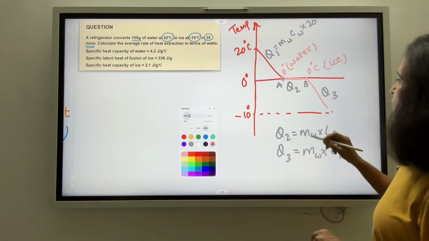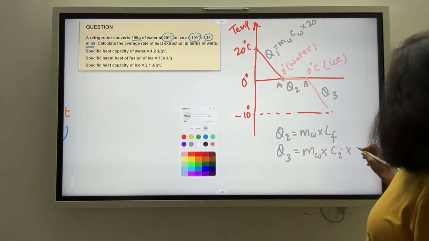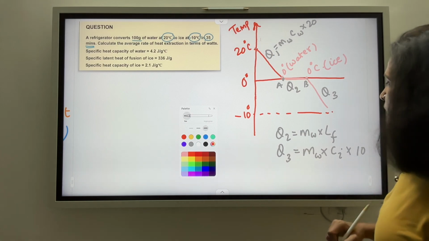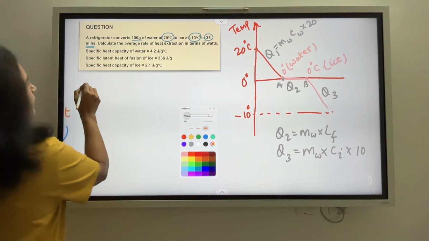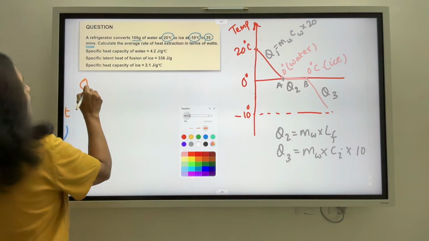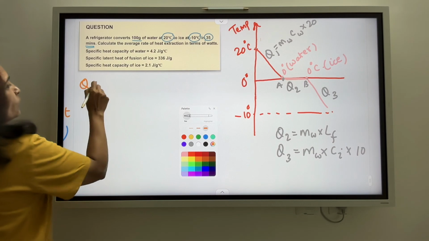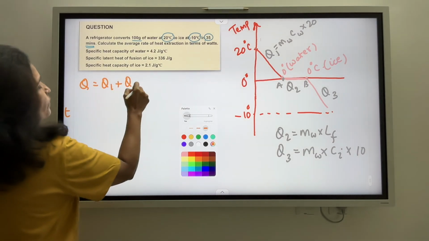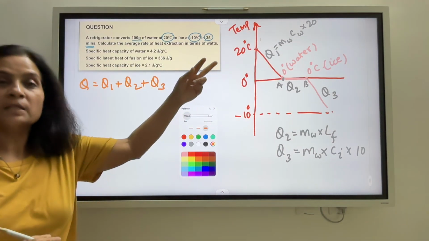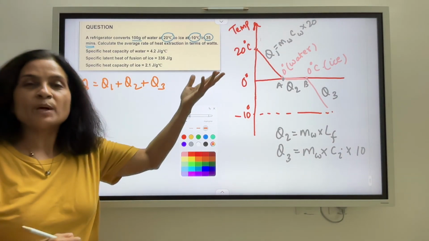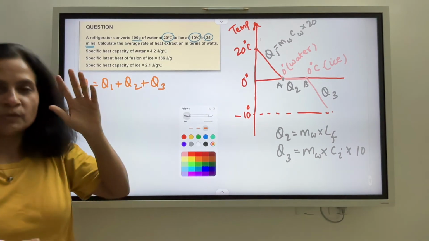And the temperature change from 0 to minus 10 is 10 degree. अब करना क्या है? Total amount of energy which is liberated is equal to Q1 plus Q2 plus Q3. अब हमें निकालना है पावर, बट पावर कैसे रिलेटेड है एनर्जी से? एनर्जी बाय टाइम इज पावर. सो दिस इज व्हाट वी आर गोइंग टू डू.